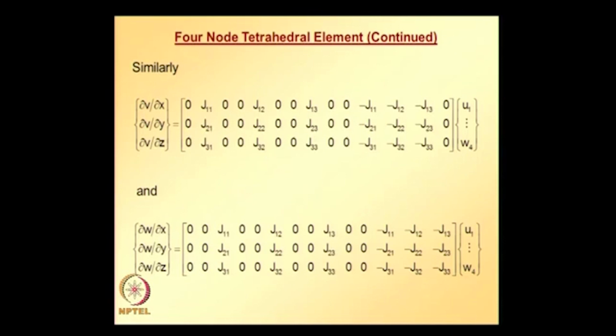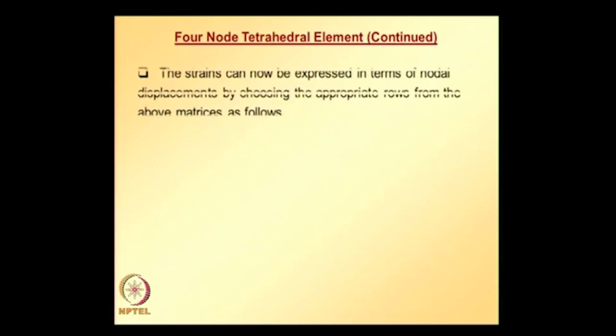So, now we are ready to express strains in terms of nodal displacements. Strains now can be expressed in terms of nodal displacements by choosing appropriate rows from the above matrices.